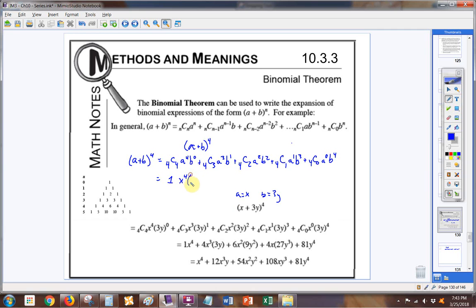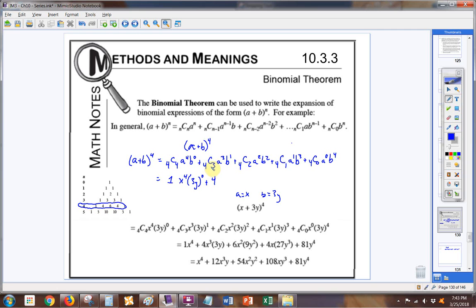My b to the 0, I can write in (3y) to the 0. Hopefully you realize that (3y) to the 0 is 1, so it really kind of goes away. 4C3, again, I can punch that in my calculator and figure out that it's 4, or I can look over in my nifty Pascal's triangle here and look on the fourth row for n and see that the coefficient is going to be 4 for the second term.